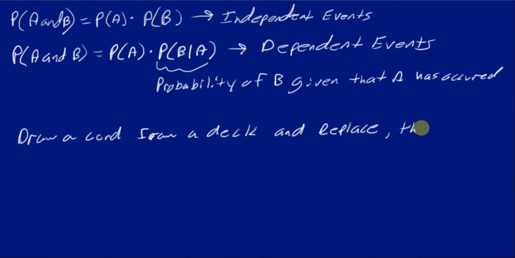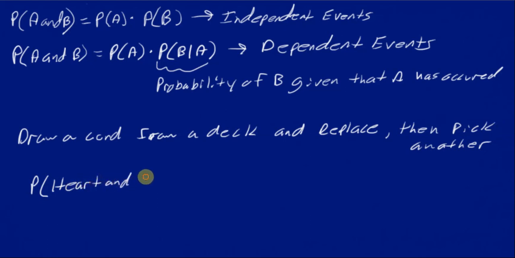Then pick another card. So I would like the probability of a heart and a queen. So it's not the probability of picking a queen or a heart, it's two events because the word and is in here.